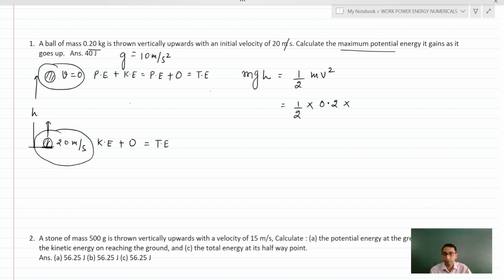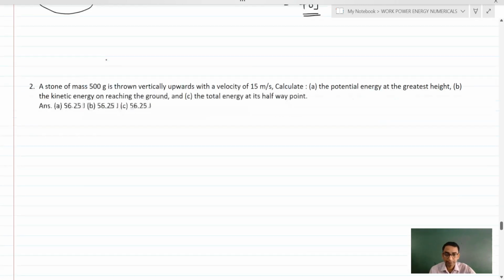Everything is in SI units, and in this problem we are not going to use g. So 0.1 times 400 gives the answer in joules.